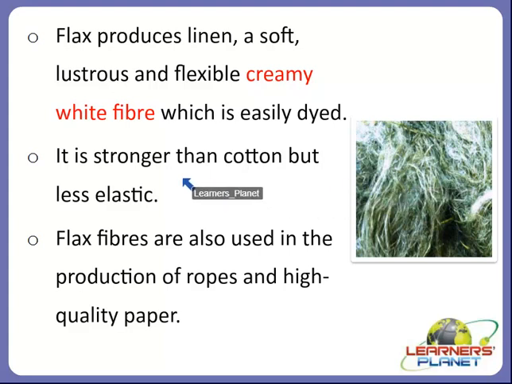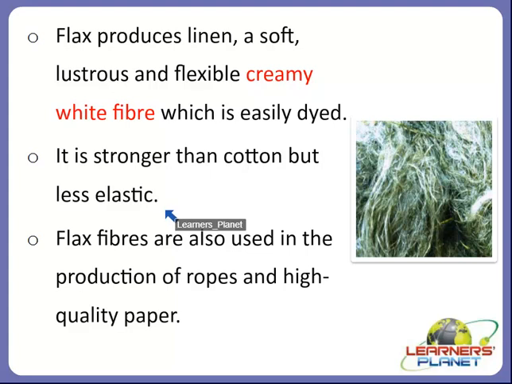So basically flax is stronger than cotton, but it is less elastic. And that is why we can say that linen does wrinkle, but it presses easily. Although strong creasing will break the fibers, even then, if we press it, it gets pressed easily.